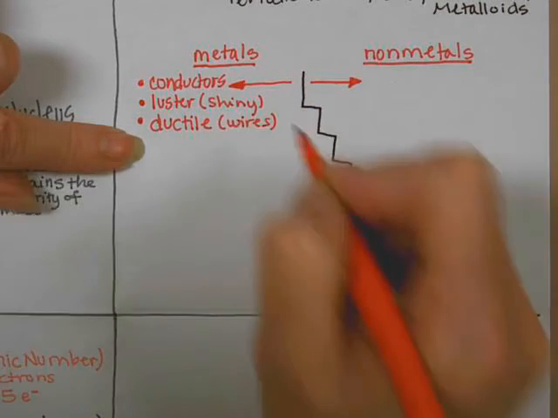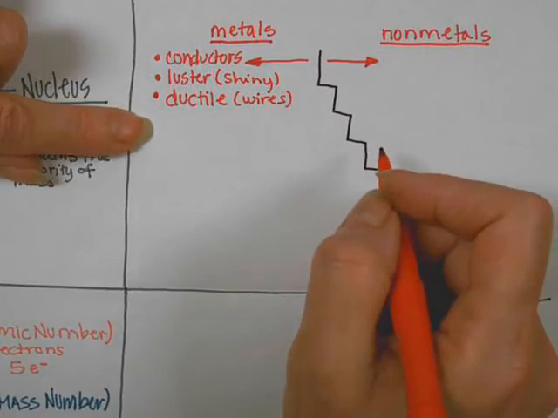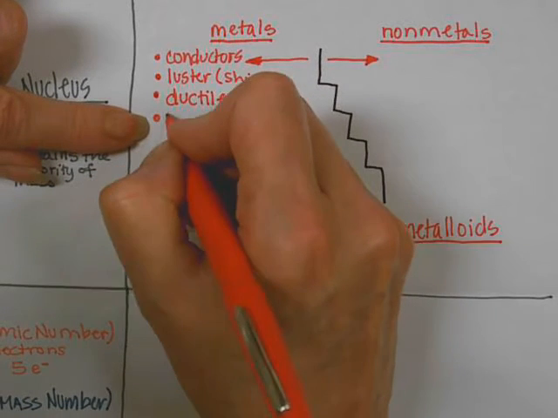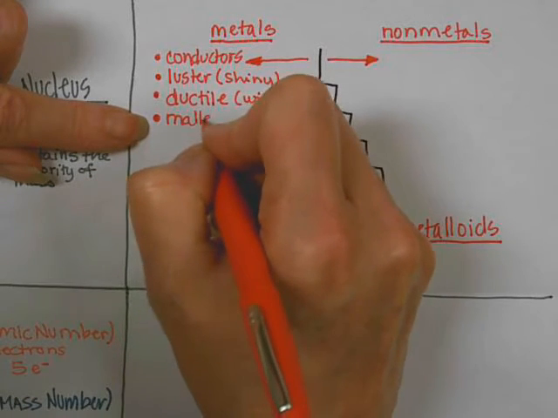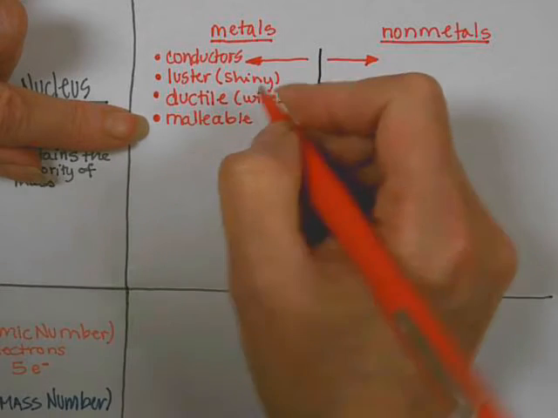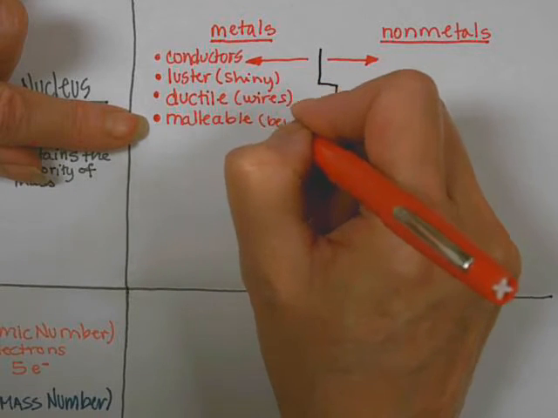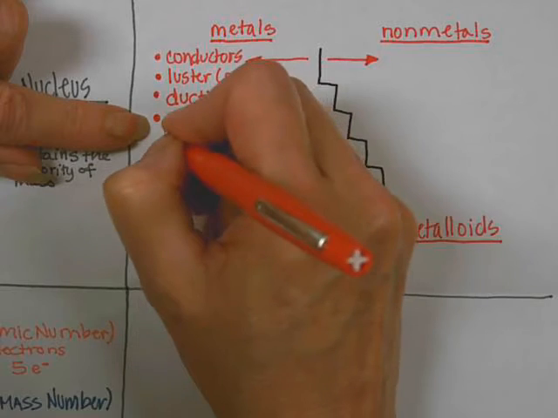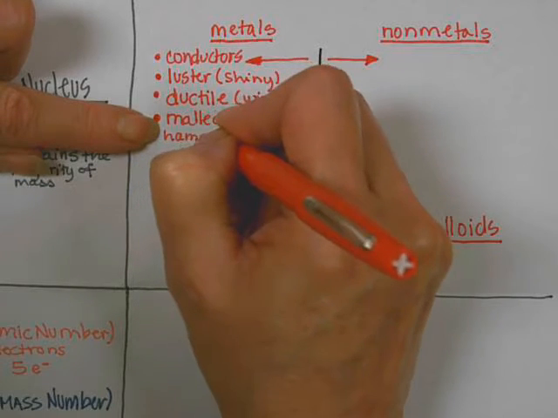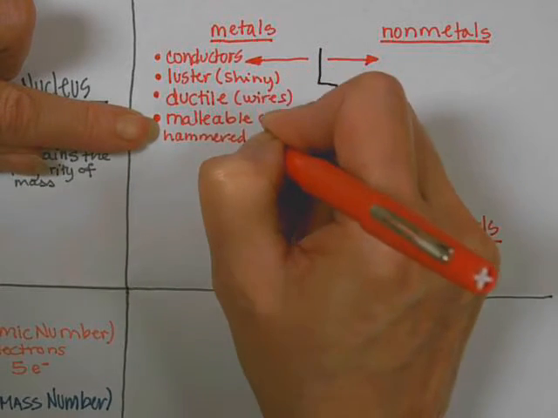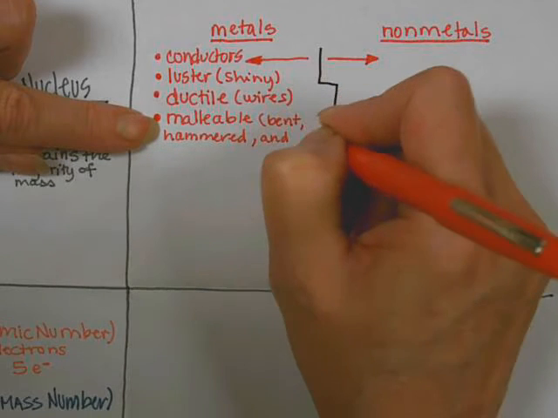They can be made into wires. The metals are malleable, meaning they can be bent, hammered, and flattened like aluminum foil.